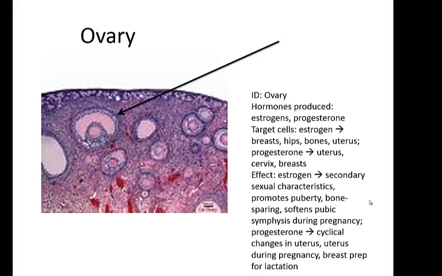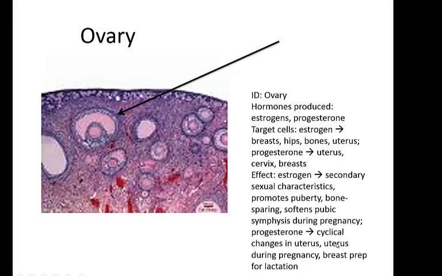Now, if we go back up here, I think we've got all that. Progesterone, its effects are on the uterus, the cervix, and the breast. The cervix, I'll go ahead and tell you, it causes a nice little cervical mucus to be secreted. On the uterus, down here, the effects on the uterus are cyclical changes in the uterus over a monthly cycle, but also during pregnancy, because this is progestation, progesterone.